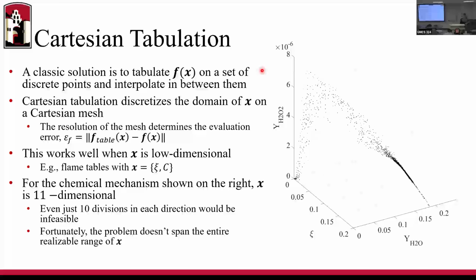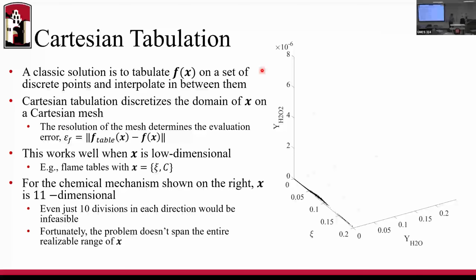Now, fortunately, however, there is another way to do a tabulation on a problem like this, because as we can see from this scatter plot of the particles in this stirred reactor, they do not span the entire realizable range of X. So, for example, there's no particles here, and there's no particles here.